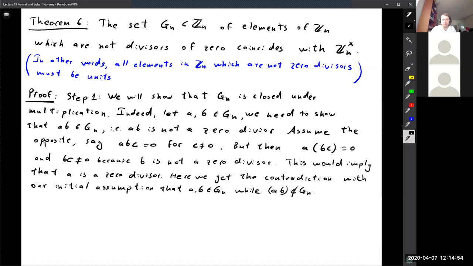Okay. So the set of elements which are not zero divisors is closed under multiplication. And note that here we use nothing specific about Z_n. It will really work for any commutative ring, so the set of elements which are not zero divisors is obviously closed under multiplication.